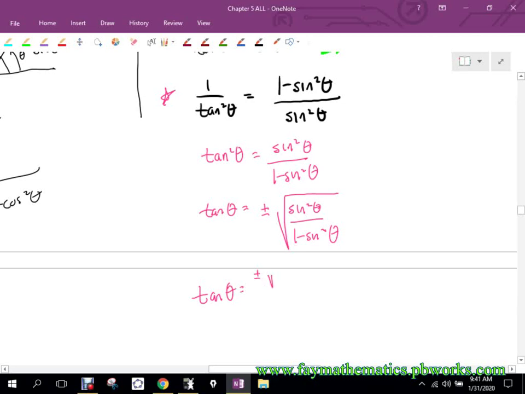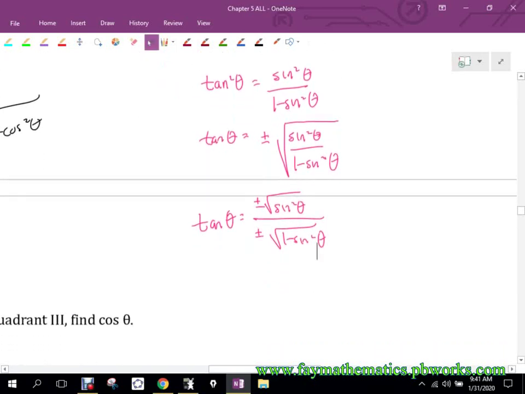Plus or minus sine squared theta up top over plus or minus the square root of 1 minus sine squared theta on the bottom. Okay. But what's the square root of sine squared? Sine. Okay. Now, because we got plus or minus up top and plus or minus on the bottom, I really only need one of those.